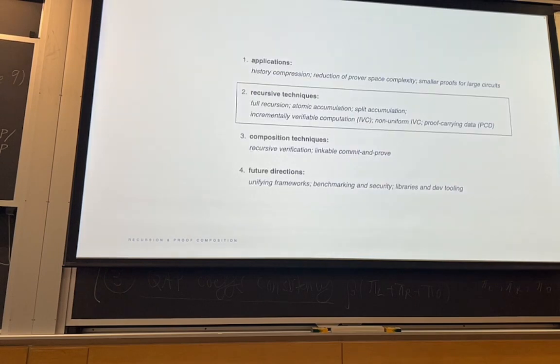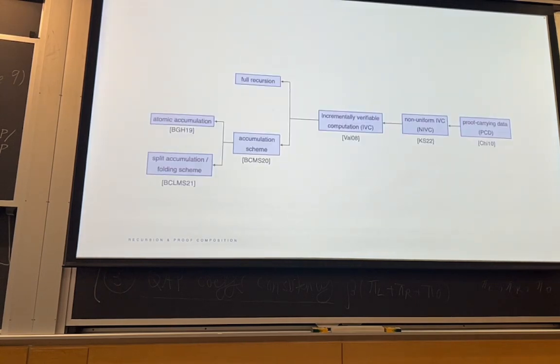So I hope that you now care about recursion and proof composition. Now, why do modular proof systems make it easier to do recursion and proof composition? The first reason is because these modern modular proof systems use something called the algebraic holographic proof.